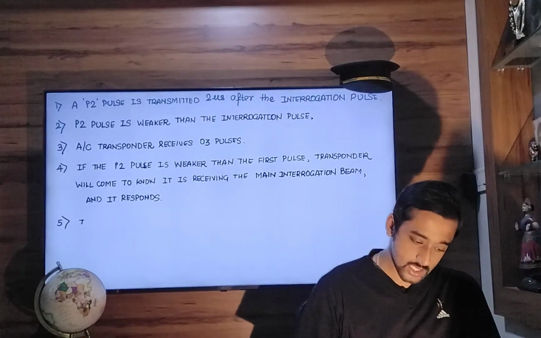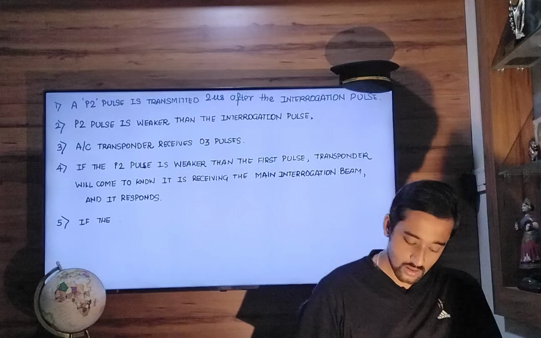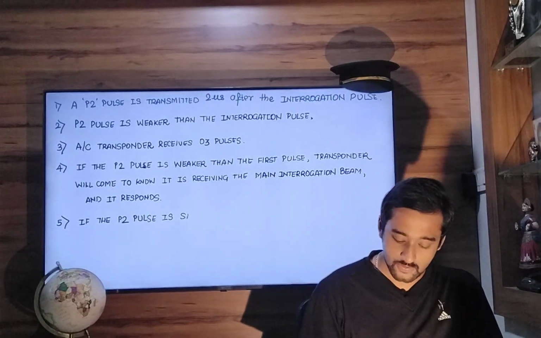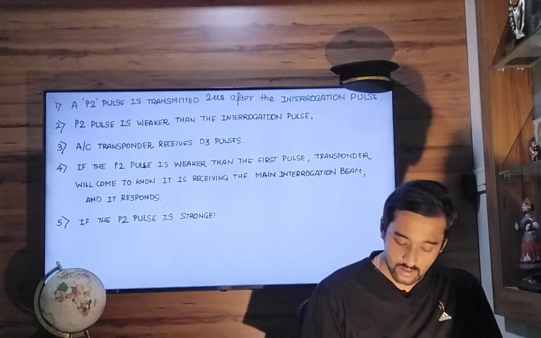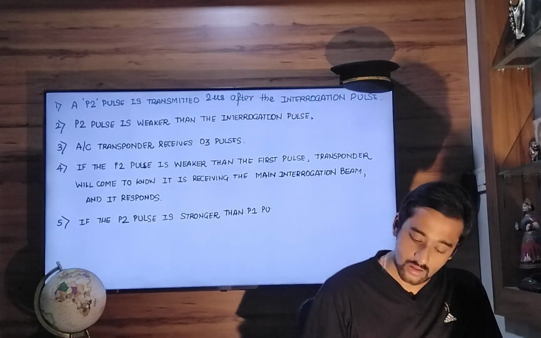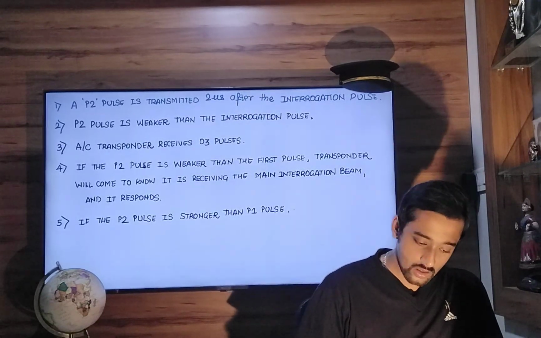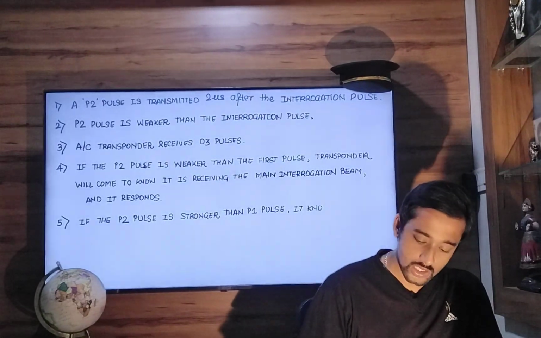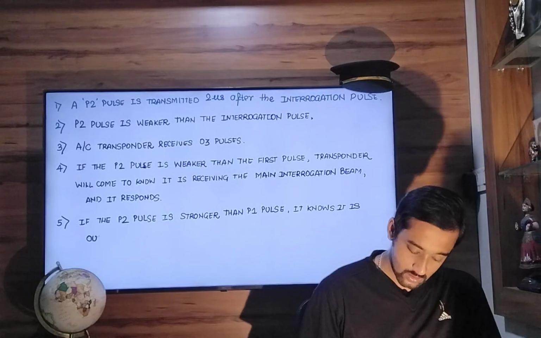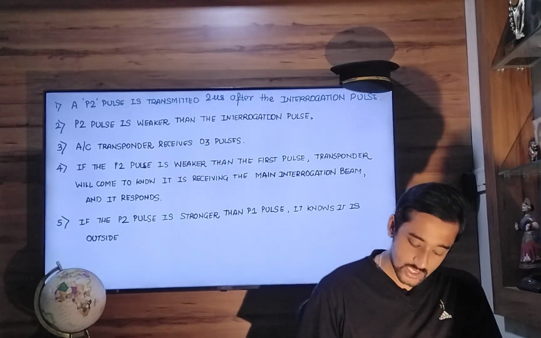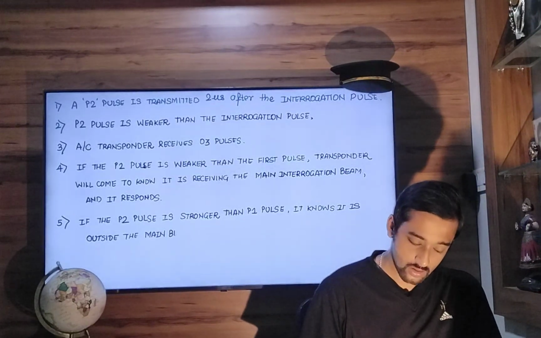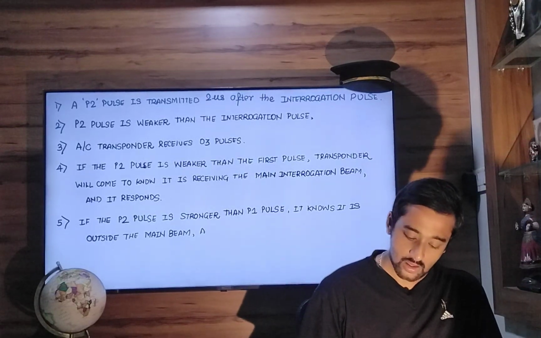If the second pulse, the P2 pulse, is stronger than the P1 pulse, it knows it is outside the main beam and does not respond.